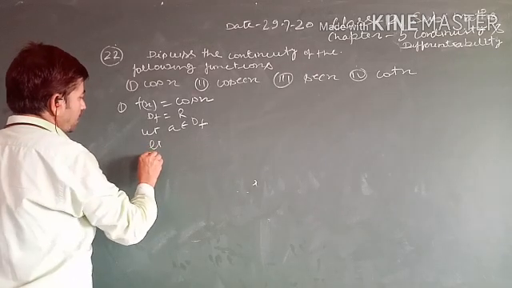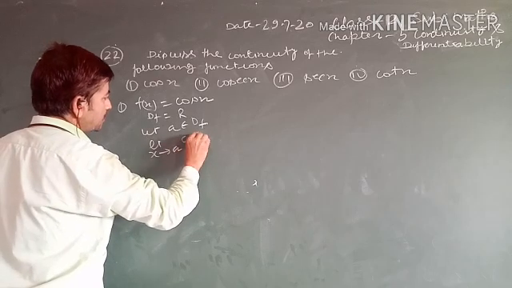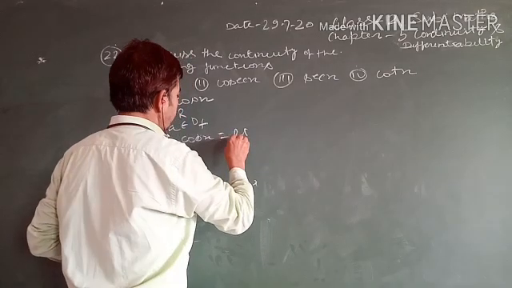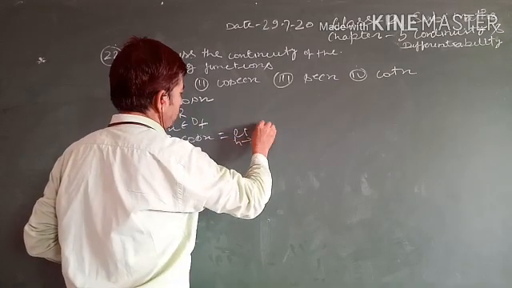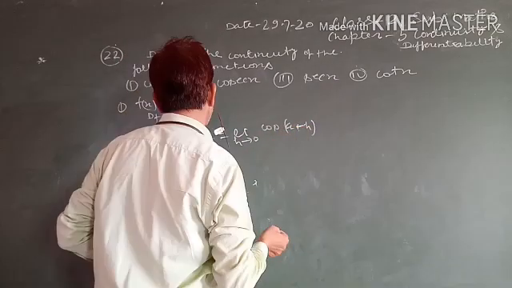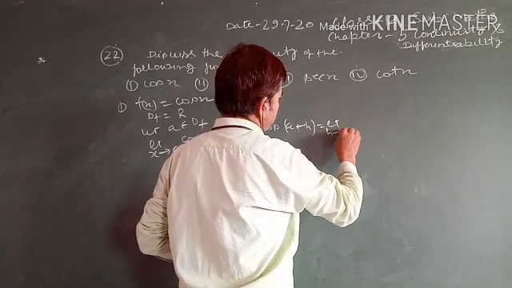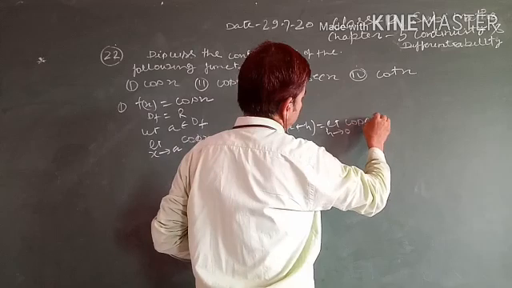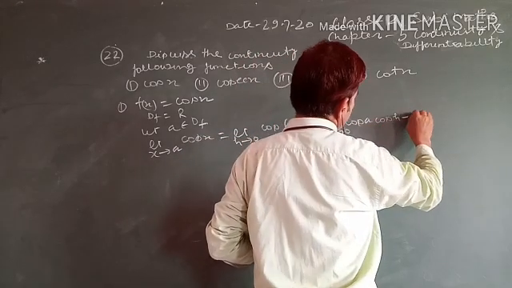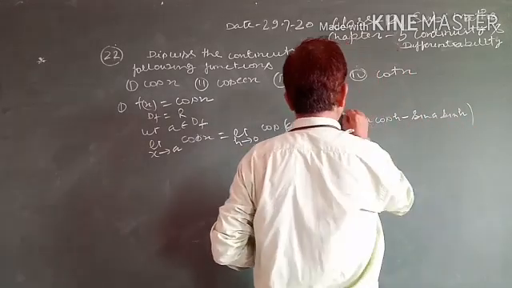Limit x tends to a of cos x is equal to limit h tends to 0 of cos(a plus h), which is equal to limit h tends to 0 of cos a cos h minus sin a sin h.